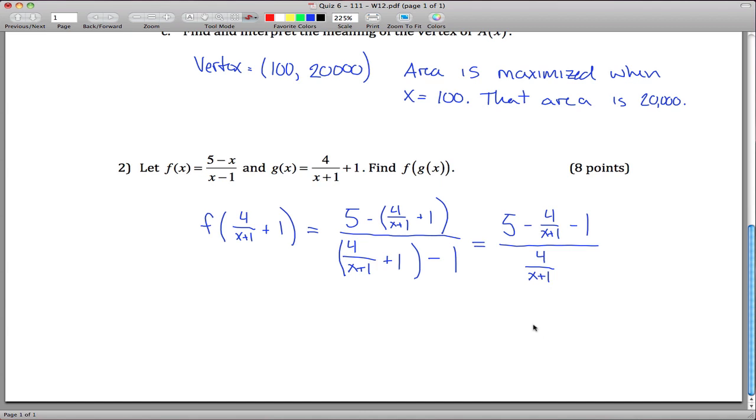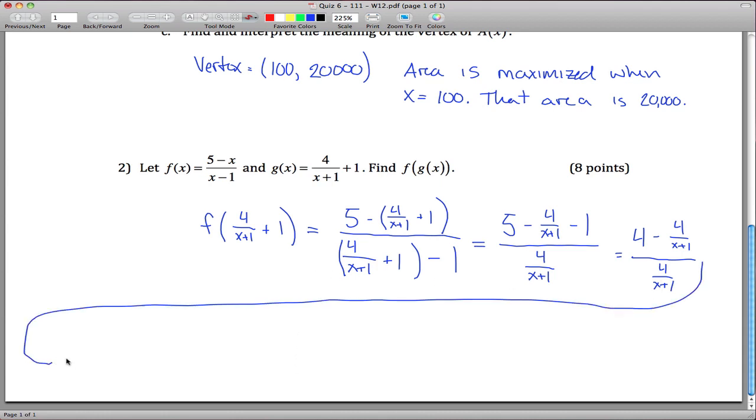And then up top you have 5 minus 1. So what we have up top is 4 minus 4 over x plus 1, divided by 4 over x plus 1. Let's see, I guess I'll take this all the way over to here. So maybe this isn't such a shortcut, but we can attack this.